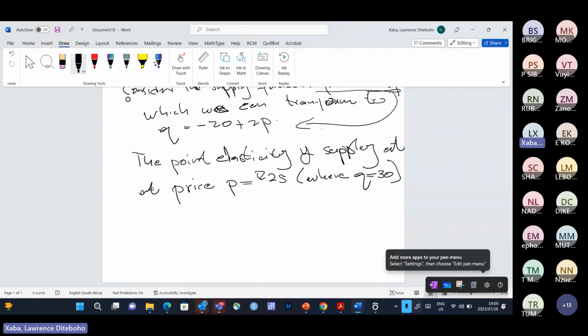So from the given information, we are supposed to calculate the elasticity of supply.